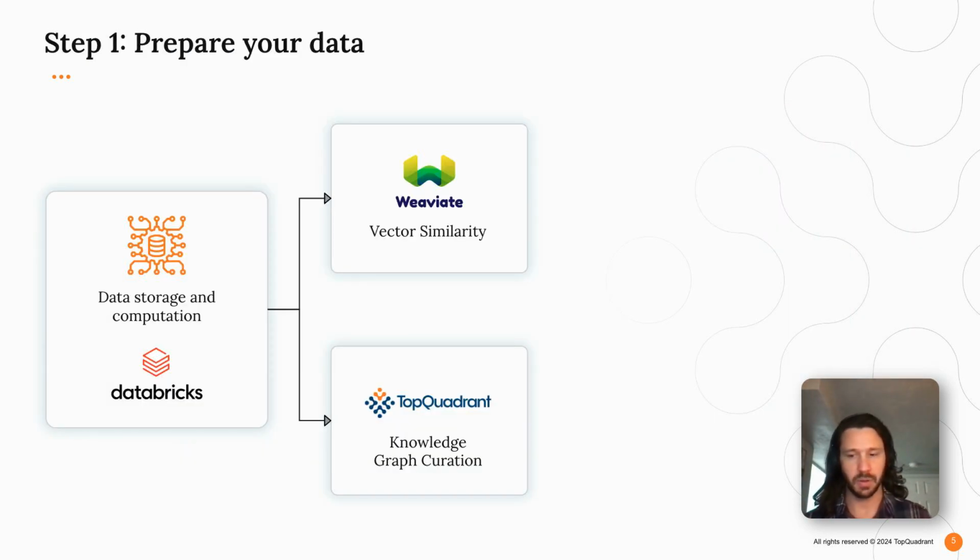So step one to building a GraphRAG app is preparing your data. For this demo, I've used a data set of journal articles from PubMed. So these are medical journal articles. And it's actually not all the article, it's just the abstract and a bunch of metadata.